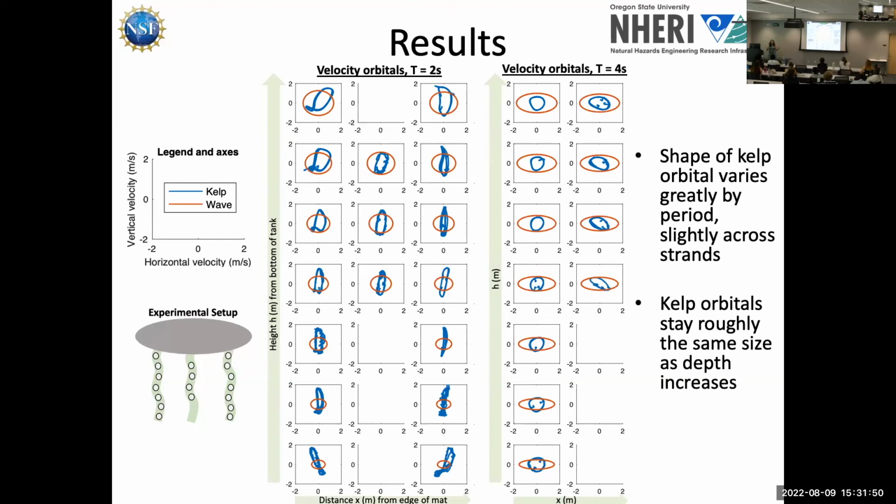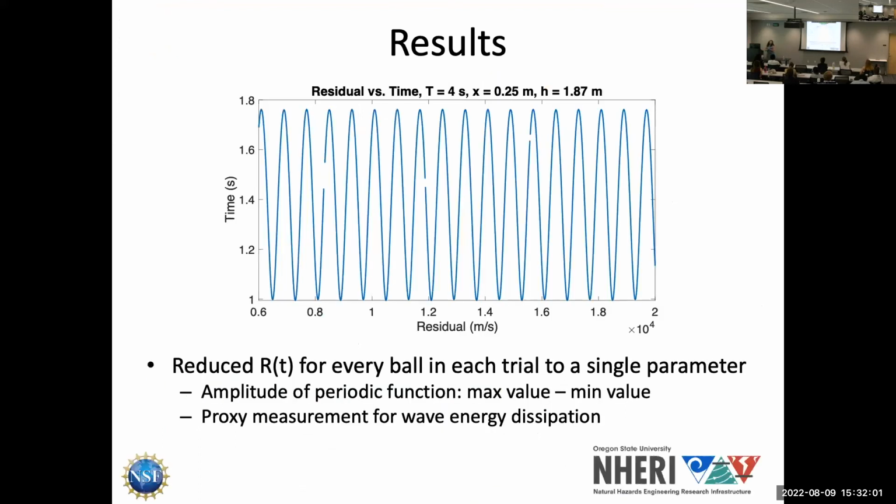The way that I did analyze this is staying laser focused on the wave energy dissipation. I calculated the residual function R(t) for every single ball in every single trial. Here's one example. I was surprised initially, but then remembered linear theory and was less surprised to see a sinusoidal residual function for every ball in every trial, with the same amplitude.